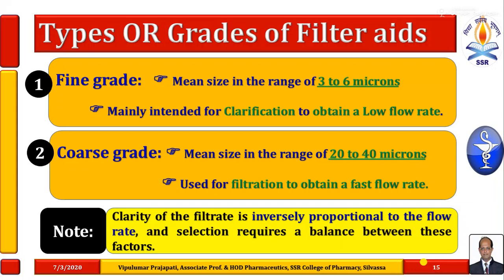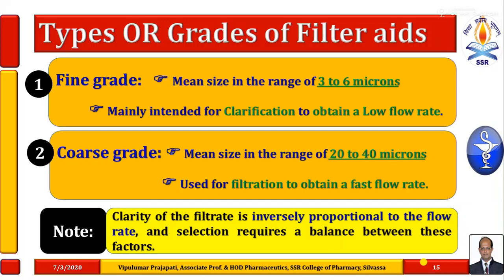And the second type is known as coarse grade filter aids, having mean size in the range of 20 to 40 microns. They are commonly used for filtration in most pharmaceutical industries to obtain a fast flow rate. If we require low flow rate and clarified liquid as the desired valuable filtrate, then we use fine grade filter aids.